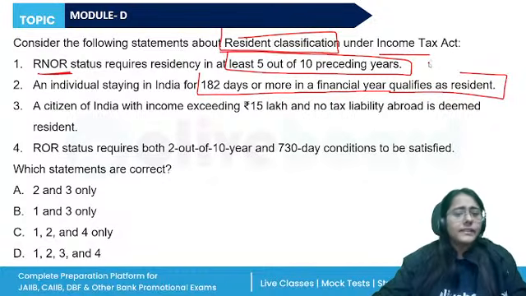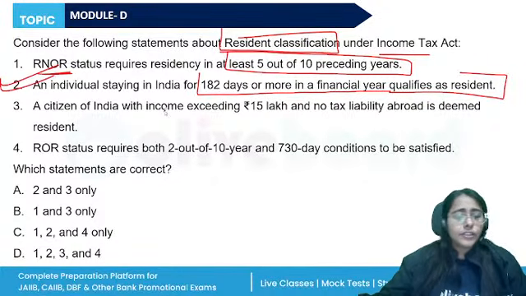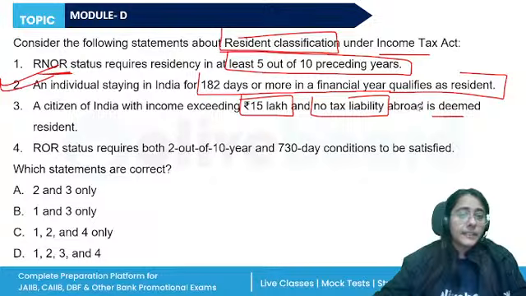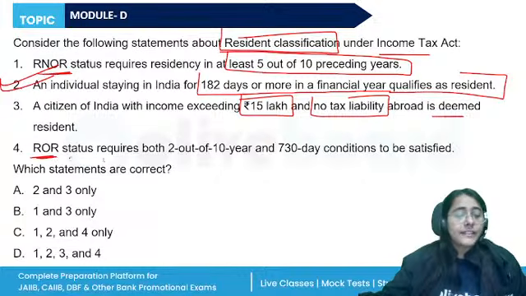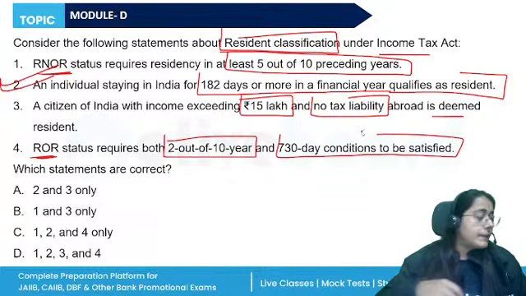This is the most basic statement, so obviously this is correct. A citizen of India with income exceeding 15 lakh and no liability abroad is a deemed resident. Then a resident ordinary resident status requires both 2 out of 10 years and 730 days conditions to be satisfied.